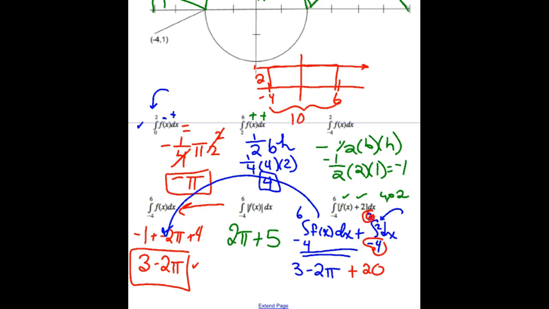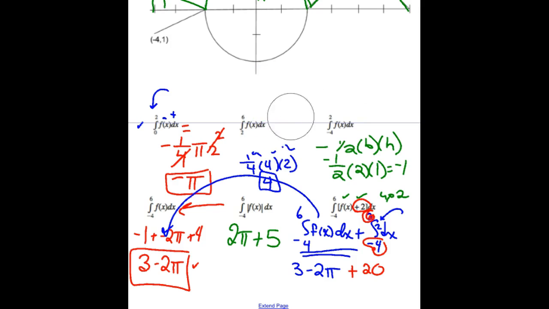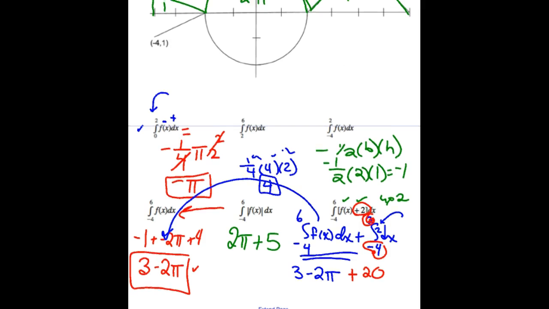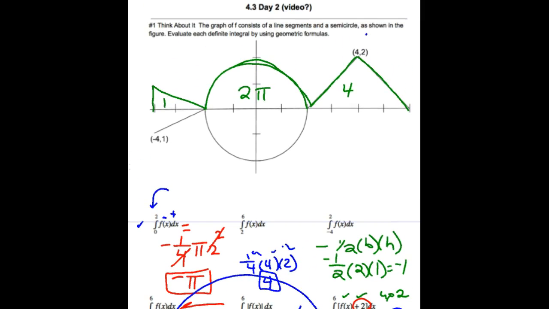Now let's think about graphically what's going on here. When you tack a constant on like this, you're moving the function up. When you move the function up, you basically add a rectangular region to the bottom of it. And that's an important concept. So I'm going to go back up here, and let's pretend that I were to take this triangle right here, just from here to here, and bump it up 1.